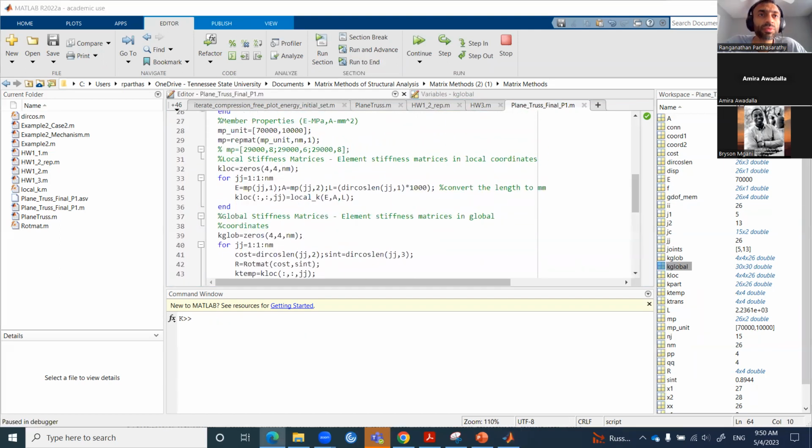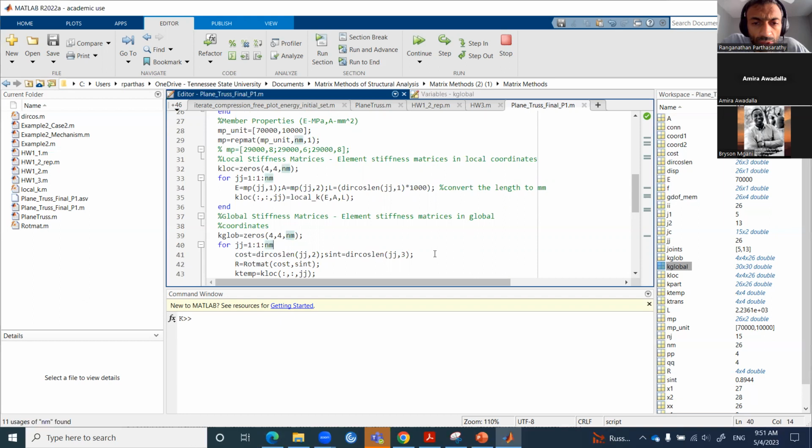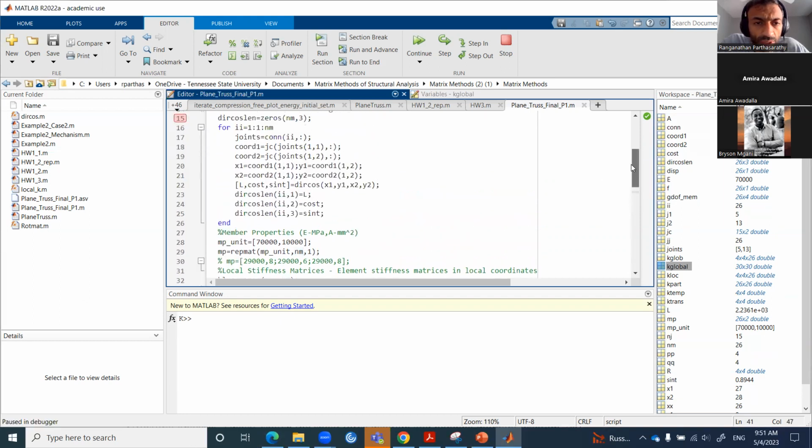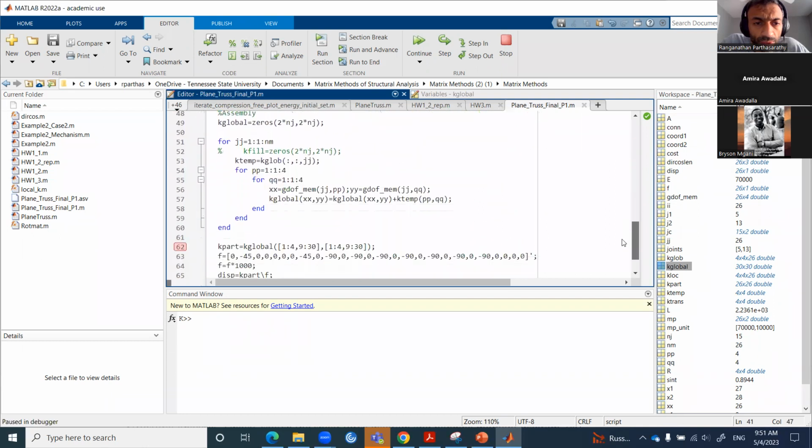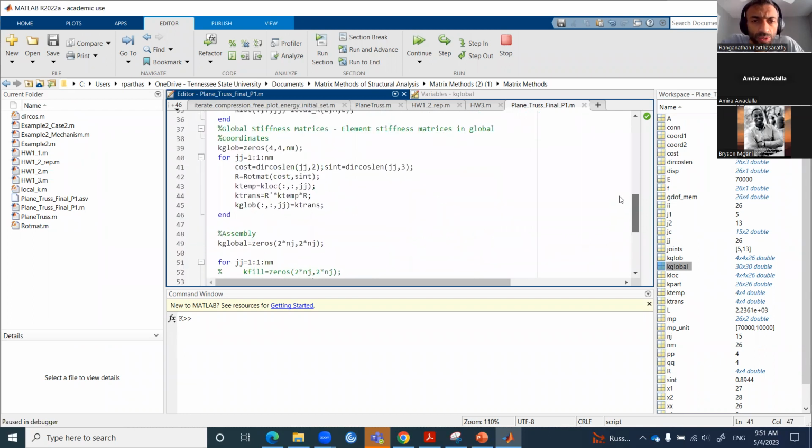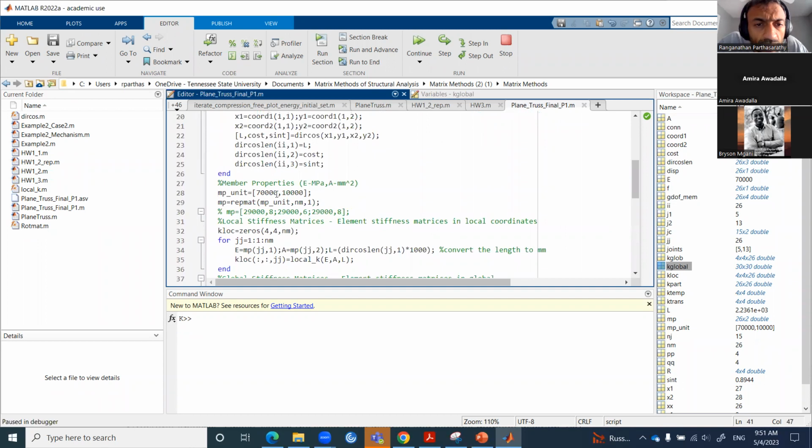Just a minute. So E is 70,000 megapascal, 10,000 millimeter square, for EA by L. L is right.